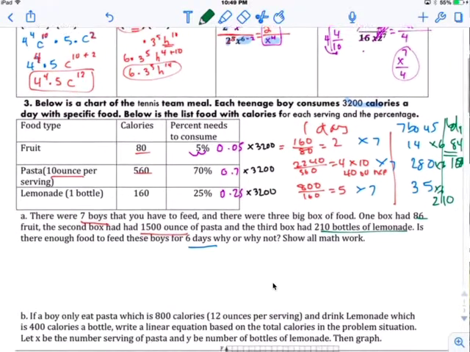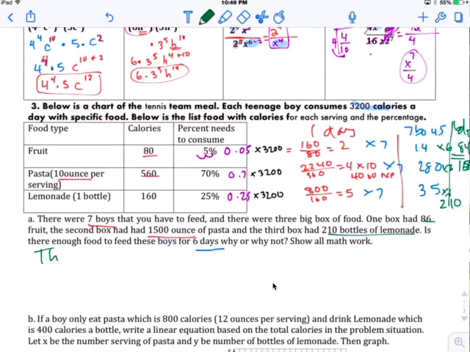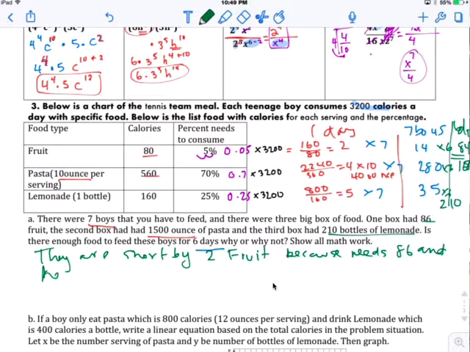Anyways, they are short by 2 fruit because needs 86 and only have 84. Short of pasta by a lot.